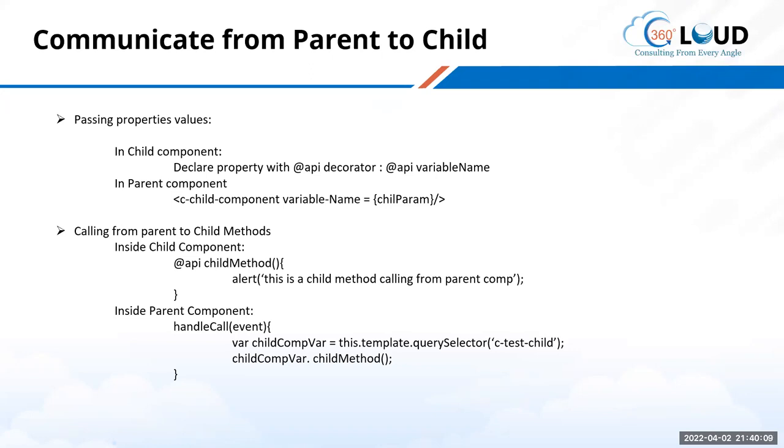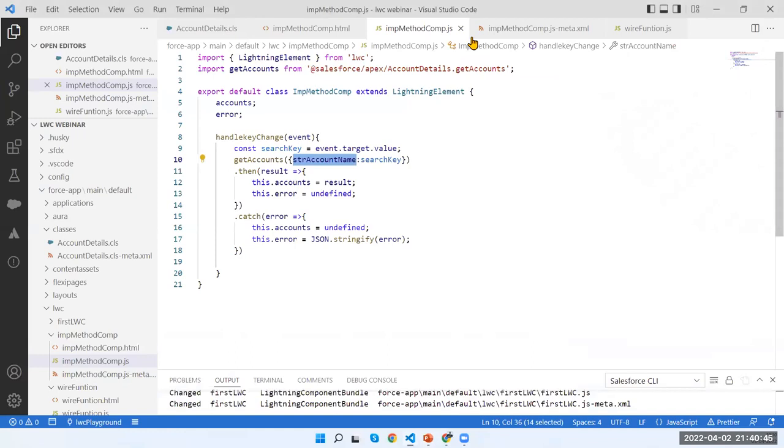To make the inner component publicly accessible, we use the @api decorator. In the child component, we declare the variables with the API decorator, and in the parent component, we use the child component like this. And if we want to pass data, whatever variables we want to pass, we just make it like this. So let's start with hands-on.